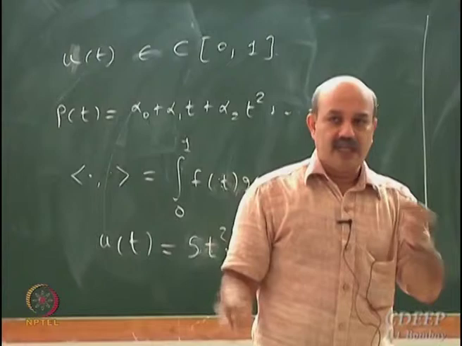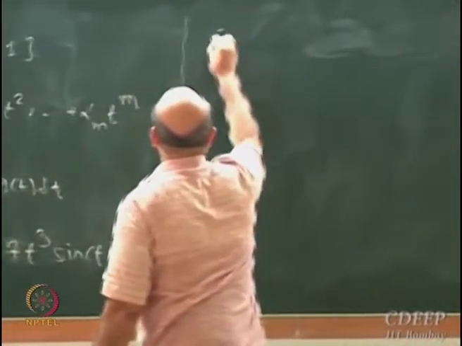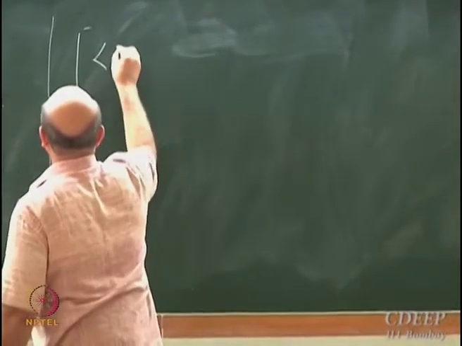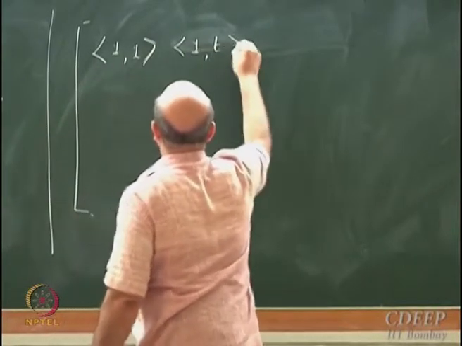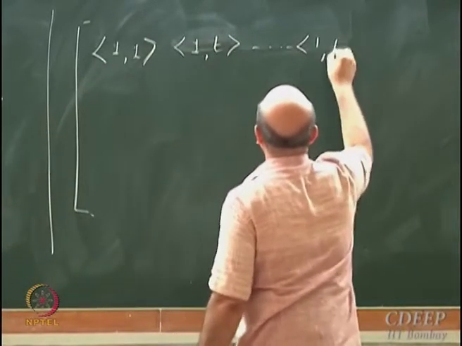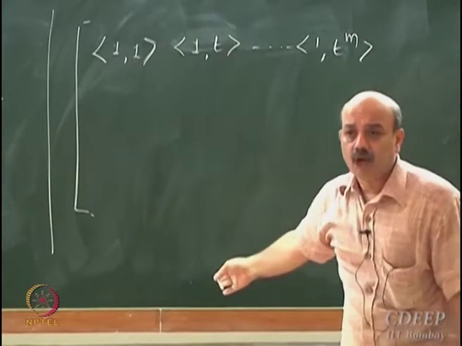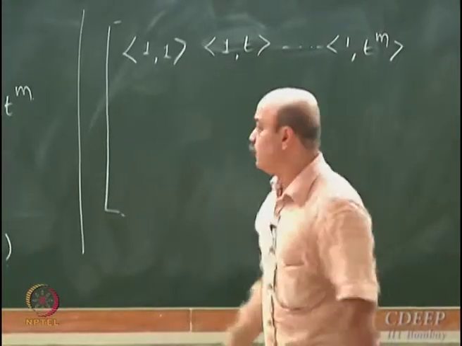Okay, we know that this can be found by using the normal equation. So we go about finding out these inner products. So my inner product is 1 with 1, then 1 with t, 1 with t to power m, right? I am constructing the normal equation. I want to estimate least square estimates of alpha 1 to alpha m.